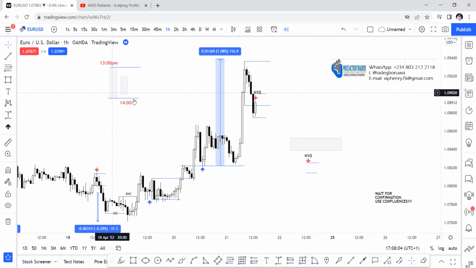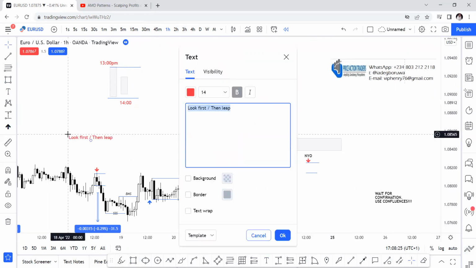So once you confirm this pattern or the other one, which is engulfing, call it engulfing, right? Then this is the inside bar or narrow range bar, what we call NRB, narrow range bar.